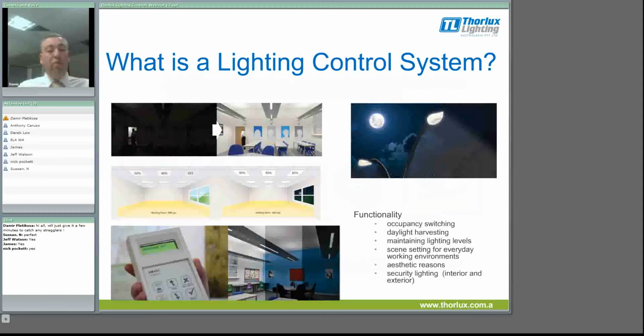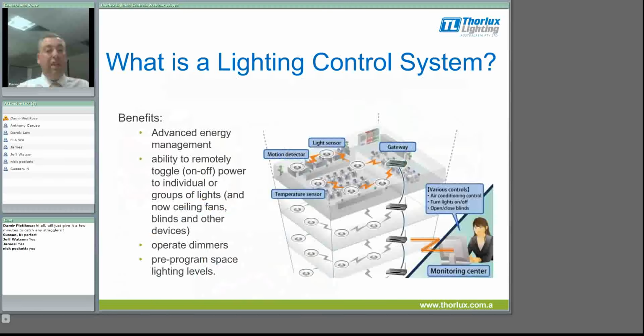The reason we use lighting controls is it gives us the chance to occupancy switch, to make use of the available daylight, maintain lighting levels, and set scenes. There are also aesthetic reasons, so we can now use it for colour change LEDs on building facades, etc., and also security lighting for both interior and exterior.